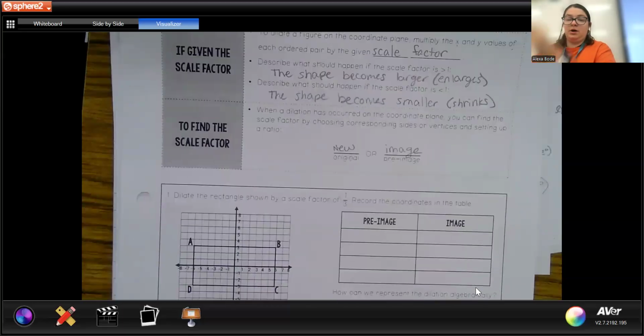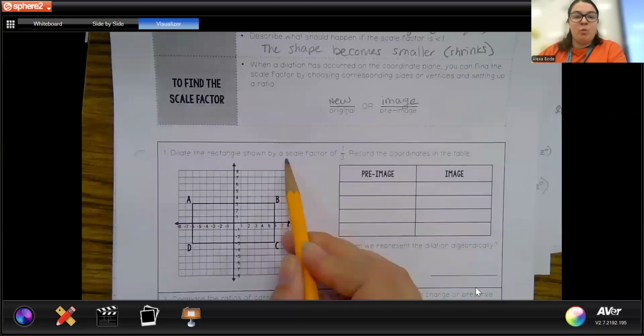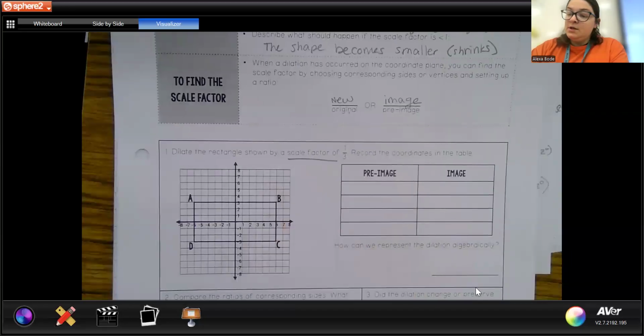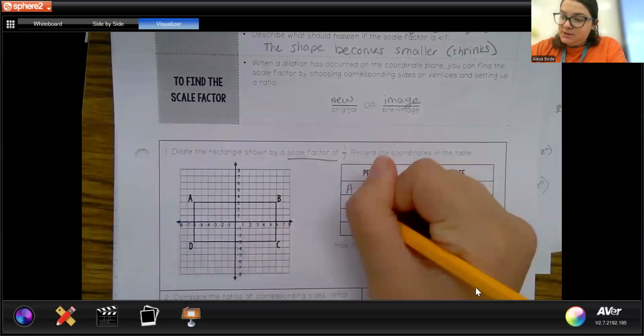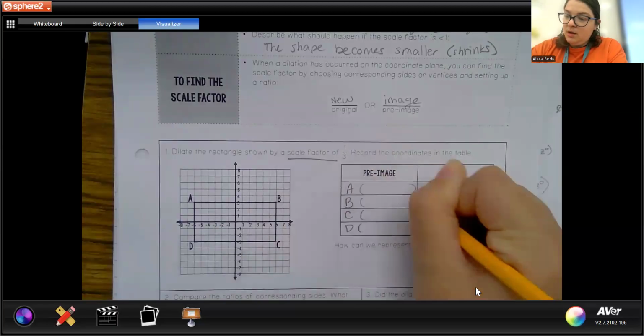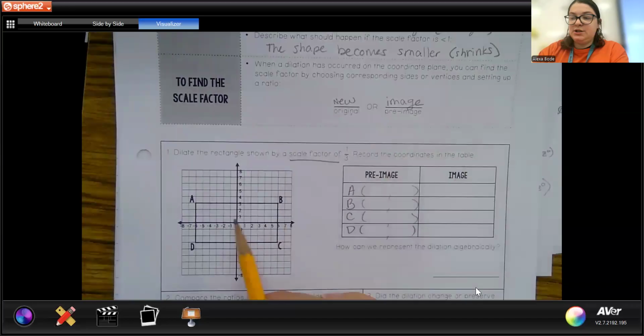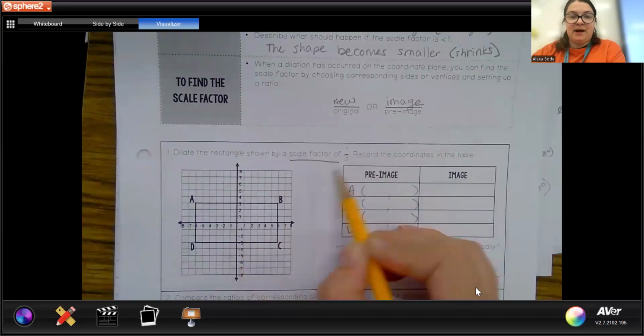Okay, so our number one here is similar to the one that we did in class today, where we are multiplying by a scale factor of 1/3. So we have A, B, C, D. Those original points, we want to find the original points here, so that way we can multiply them by the scale factor.